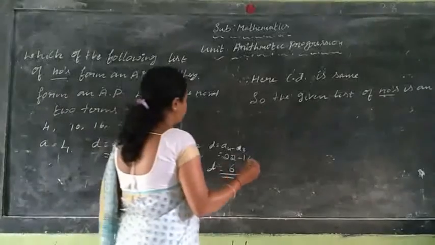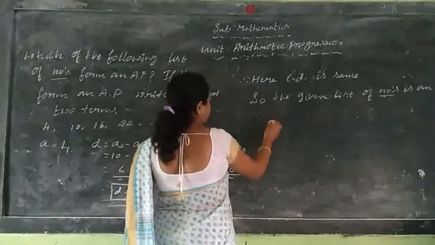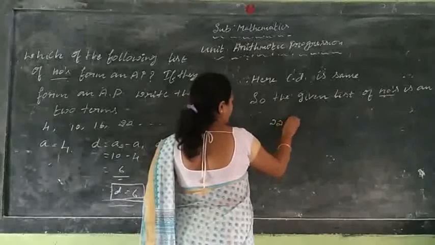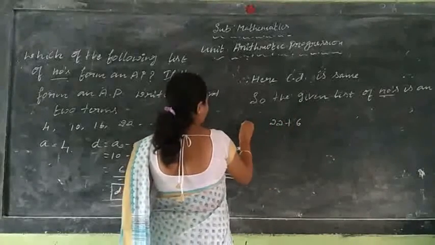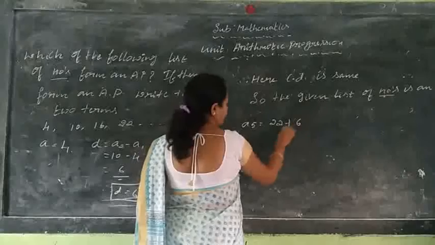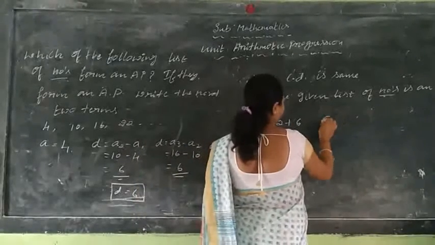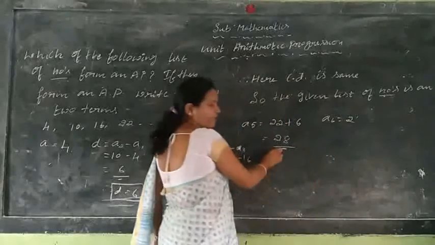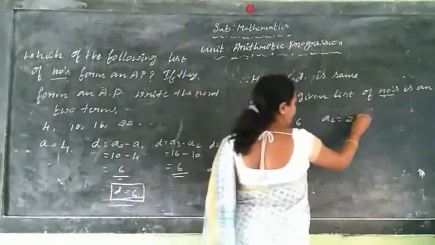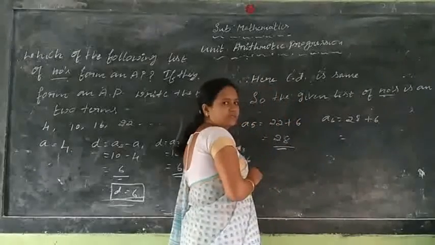So the next two terms of AP means, the fourth term is, children, 22, isn't it? To 22 we have to add the 6. That is A5. 22 plus 6 we get, children, 28. In the same way for A6, we got A5 as 28. To this 28, you add 6, children. 28 plus 6, what will we get?